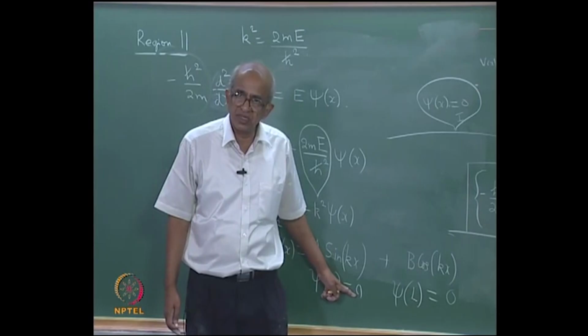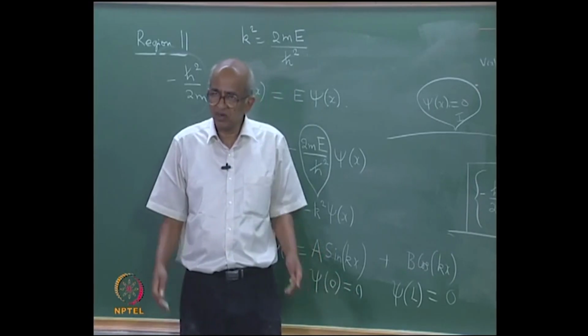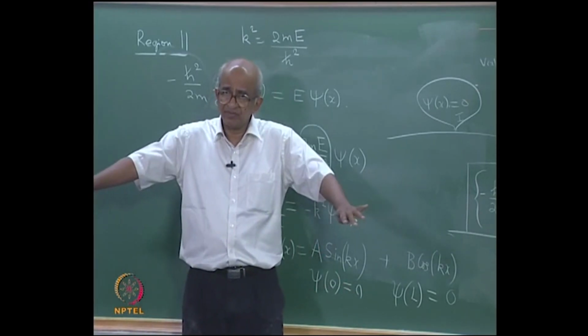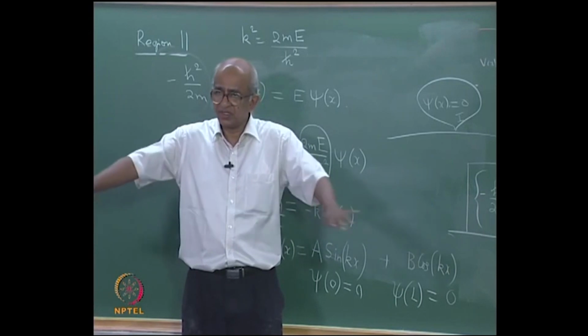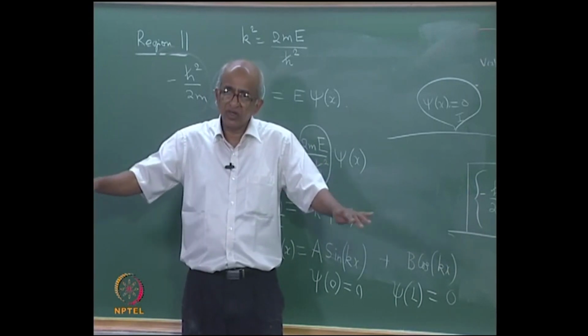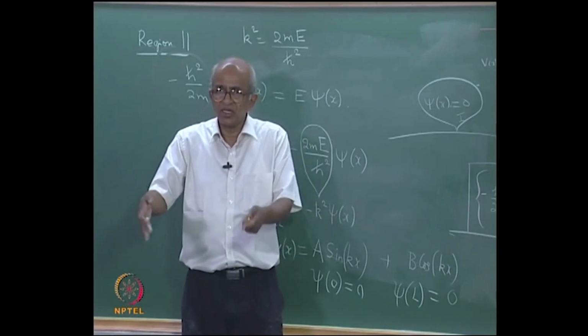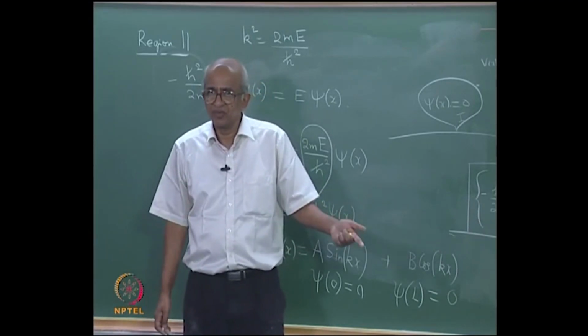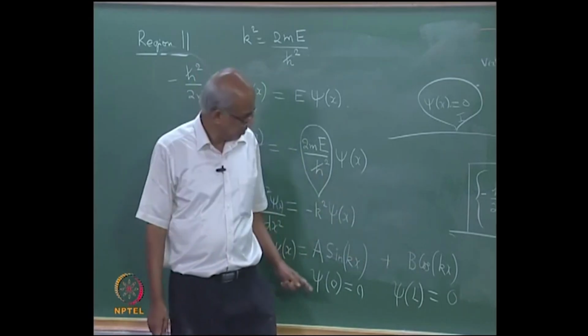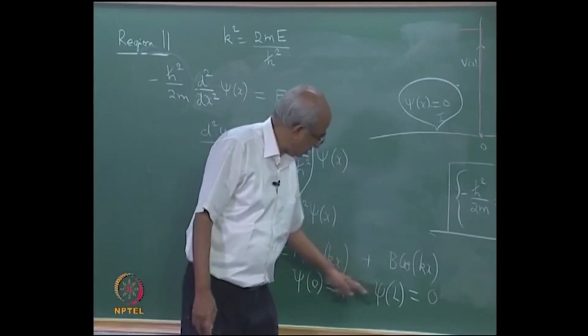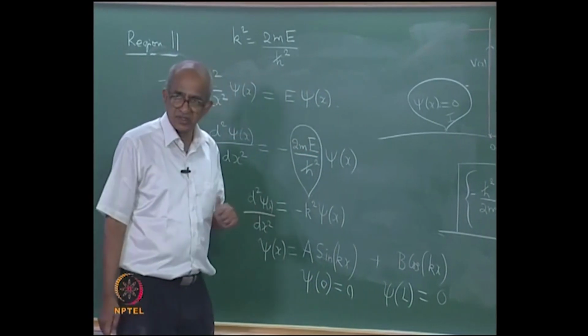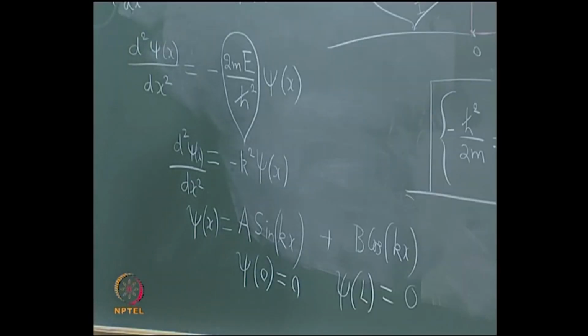The wave function should be equal to 0. Why? Because outside the box, the wave function is 0 everywhere. So, in order that the wave function is continuous, even at the boundary, the wave function has to be equal to 0, correct. So, we now will impose these two conditions on the wave function and see what the result is.